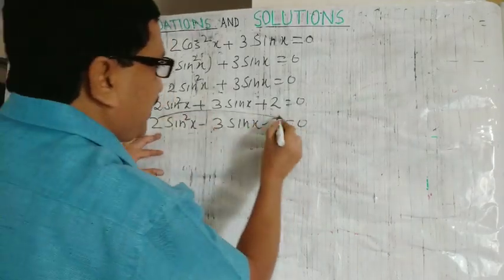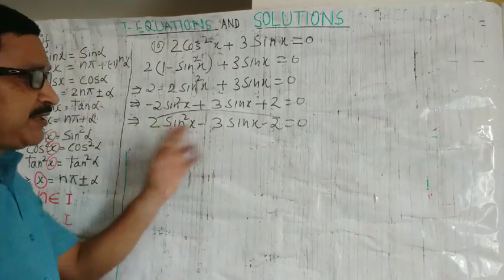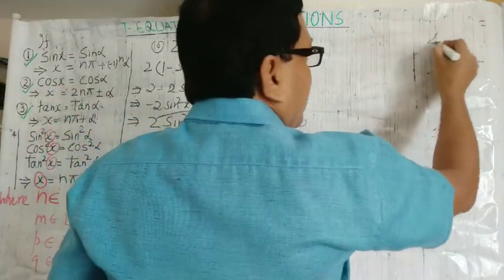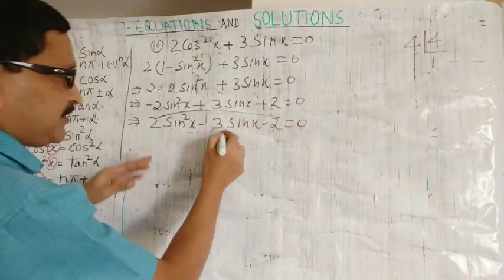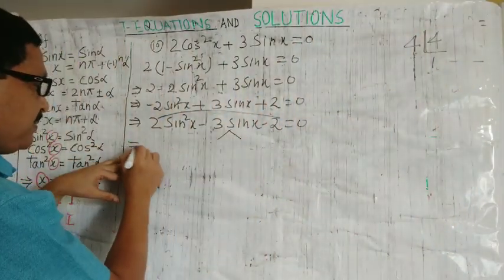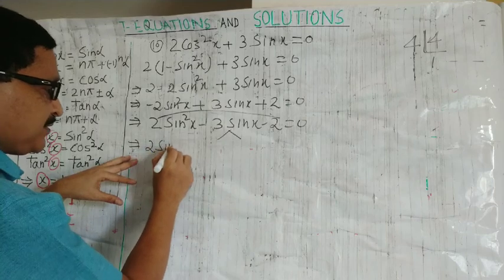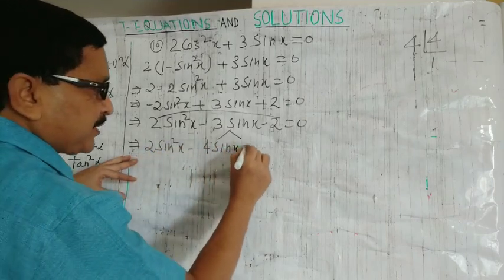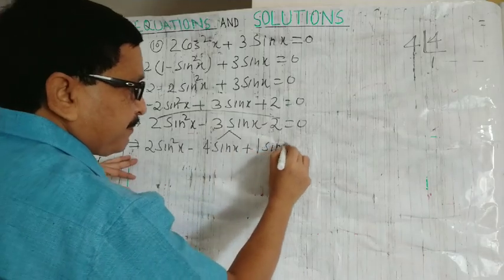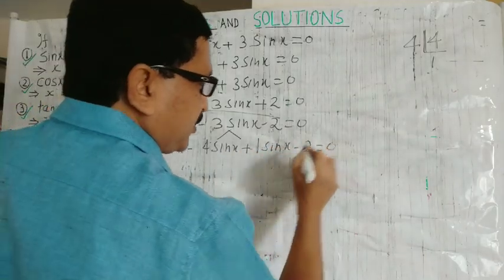Now splitting the middle term, you know how to split the middle term. 2 times 2 is 4, so 4 times 1 is 4. So these two are the factors. This implies 2 sine square x minus 4 sin x plus 1 sin x minus 2 is equal to 0.